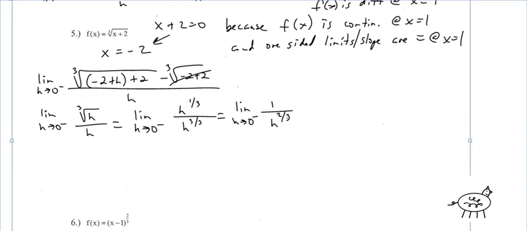Okay, now let's think about it. We have to do a little investigation here. Do you guys agree as h gets smaller and smaller, what happens to the denominator? The denominator gets smaller and smaller, but 1 over some really small number is a really huge number. So truly what's going on is that number is getting bigger and bigger and bigger.